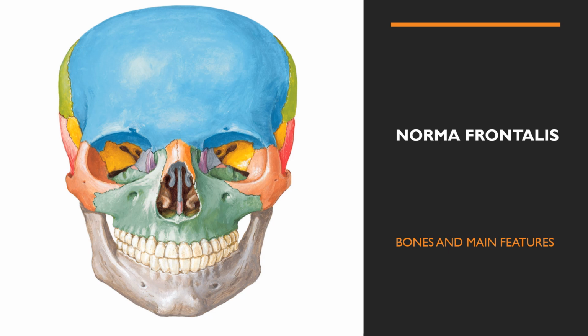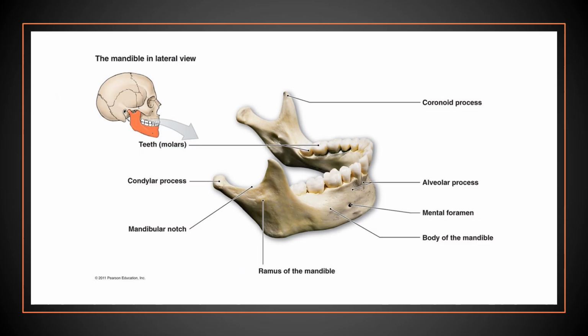Okay, and finally, in the frontal view, we have the mandible. So the mandible, or the lower jaw, is the only movable bone in the skull. It has two parts: the body, which is here, and the ramus, which is here.